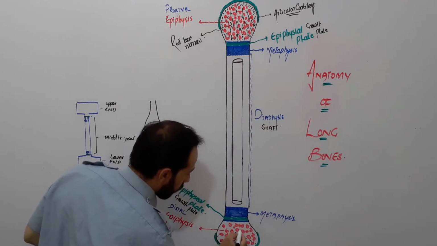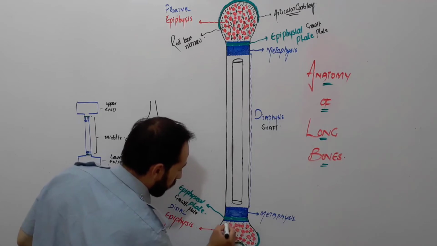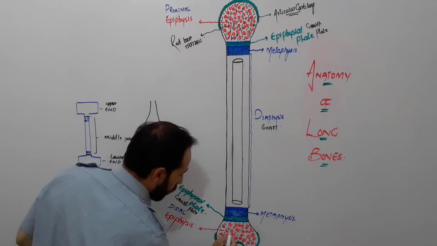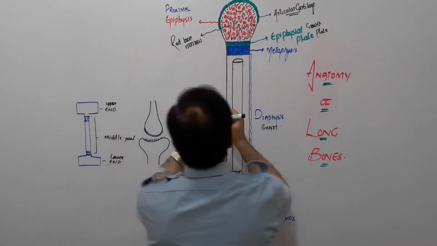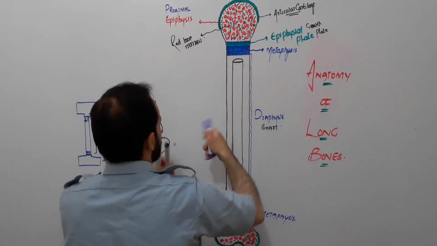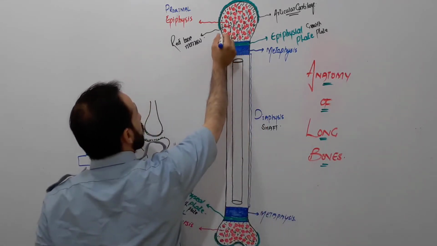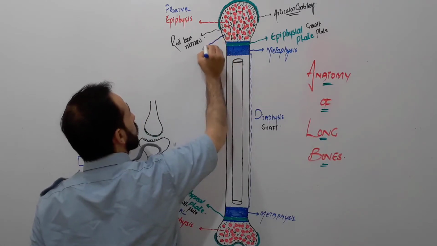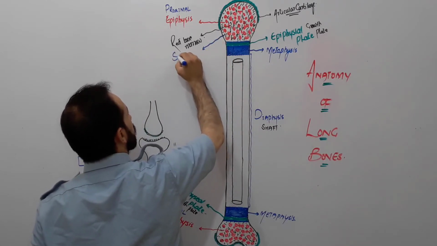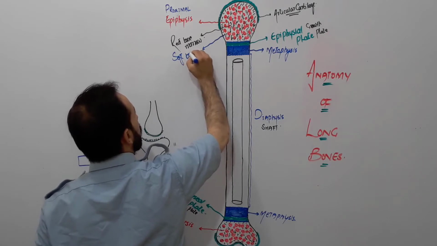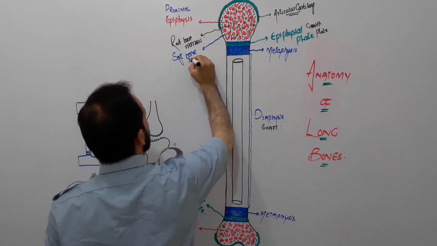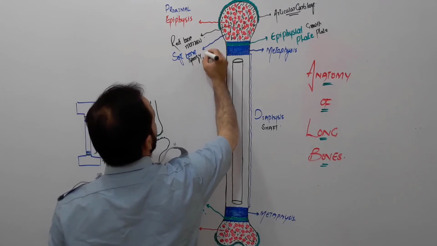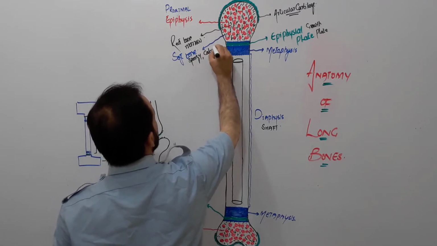This is the soft bone, or we say this is the spongy bone, or we say this is the calcareous bone, right? So let me also name it here: this is the soft bone, or we call it spongy bone, or we call it calcareous bone.